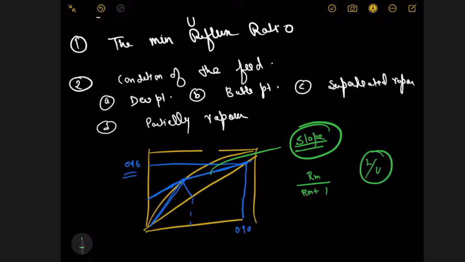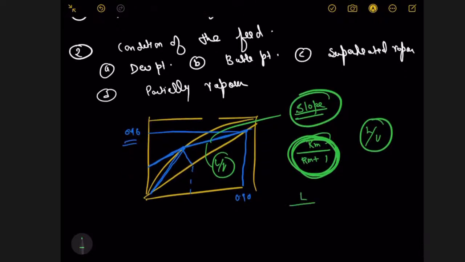Okay. Slope here is L by V. Like this, it is the minimum reflux ratio condition. And here it is Ln by Vn plus 1 into Xt.